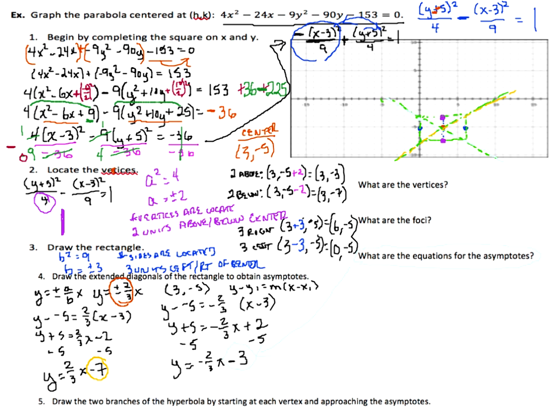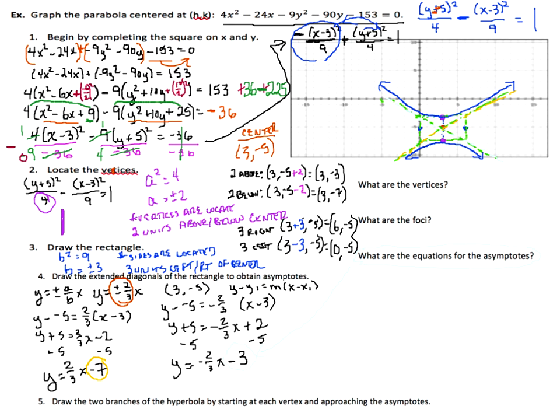I'm just going to dot that in there. So my hyperbola starts at my vertex and approaches my asymptotes. So there's my hyperbola.